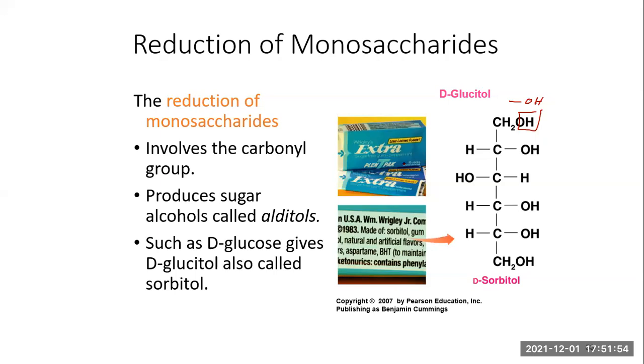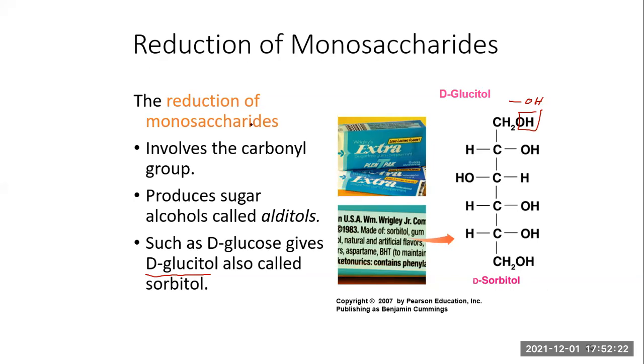You don't have to do any of the namings of the sugar alcohols, but what you get here, sorbitol, is the result of a reduction of the monosaccharide. Remember, reduction means one of two things: either you have lost oxygen or you have gained hydrogen.